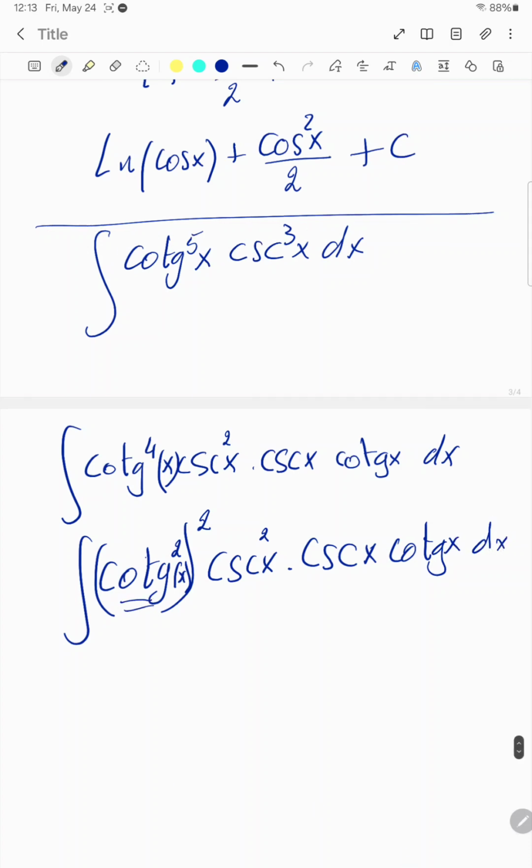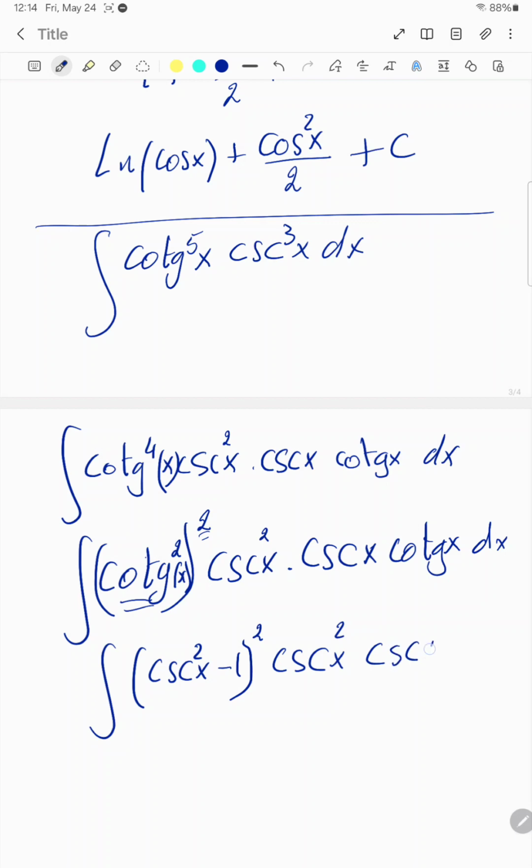And the cotangent square of x is equal to cosec square of x minus 1. It's in the trigonometric identity, so it becomes cosec square of x minus 1 to the power of 2, which is this. And the cosec, let's keep it for now, cosec square of x times cosec x times cotangent x dx.